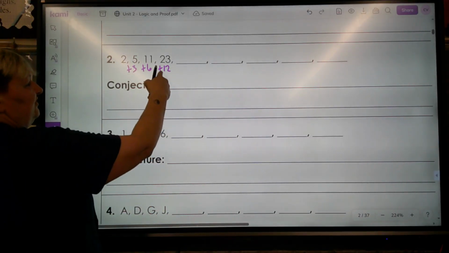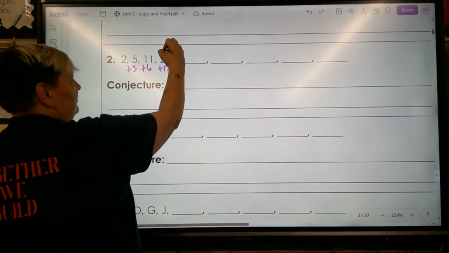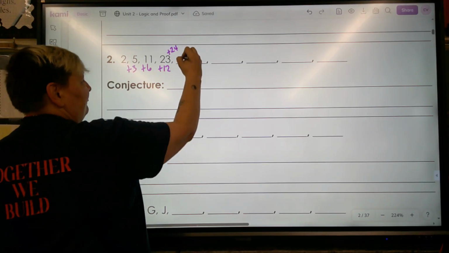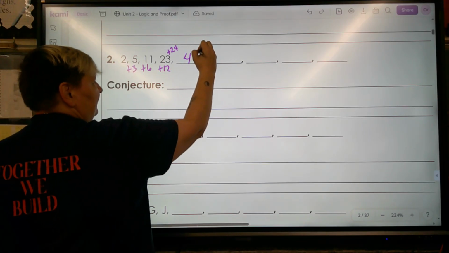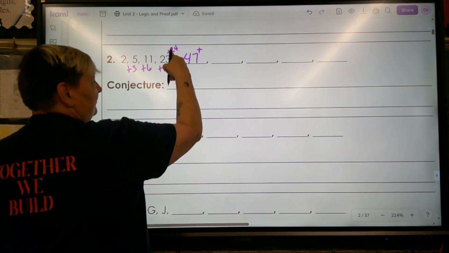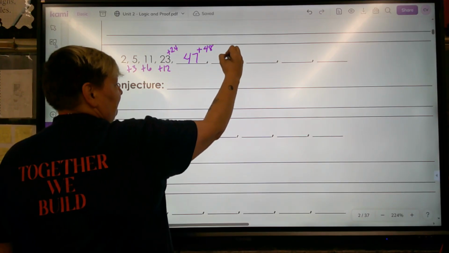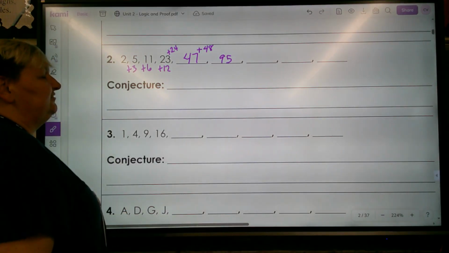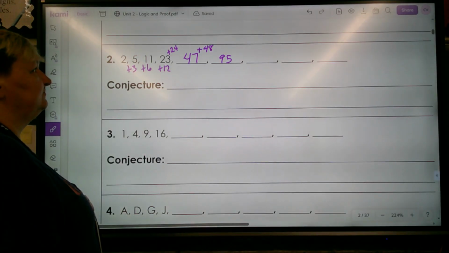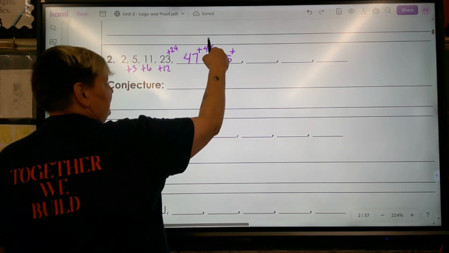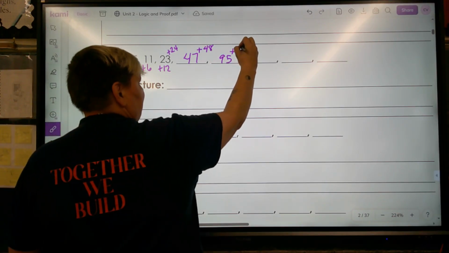All right, so double this will be 24. So add 24. Now we have 47. And then add double this, which is 48, which is 95. And then we double this, and we get 96.